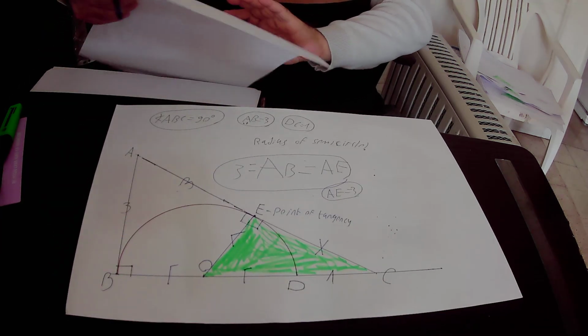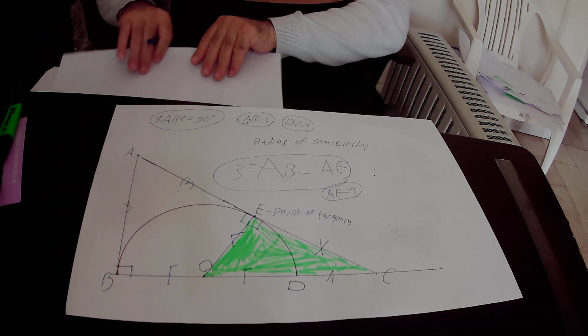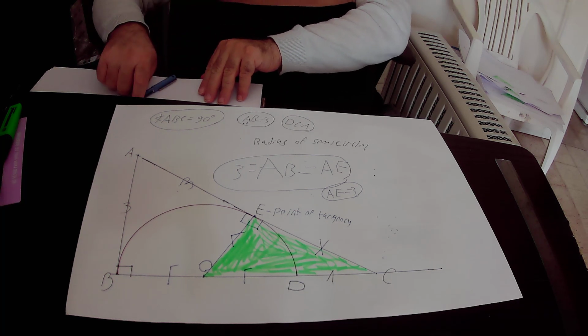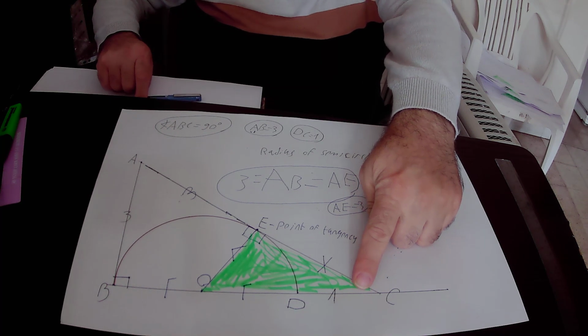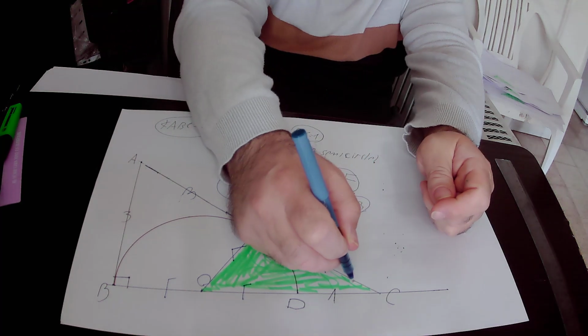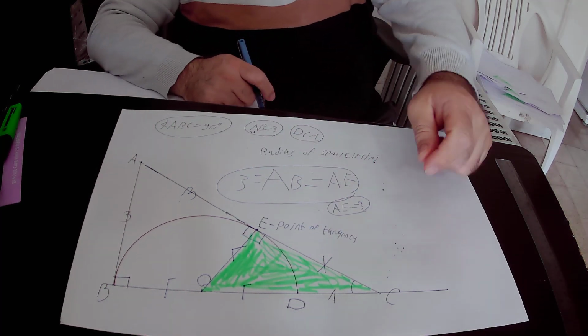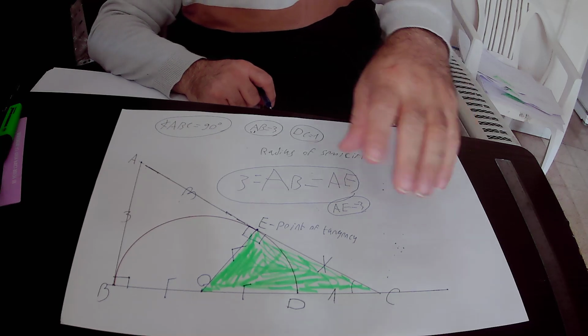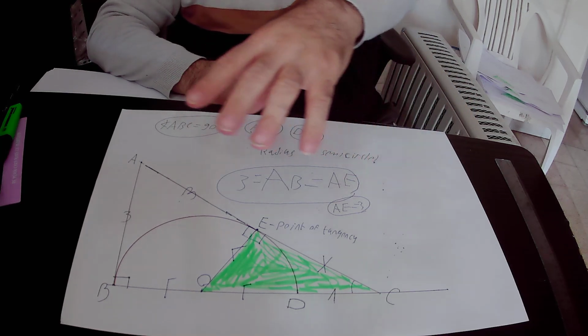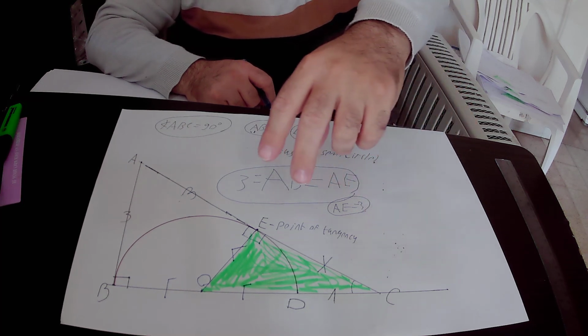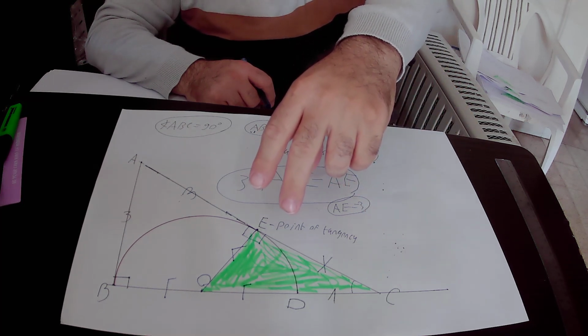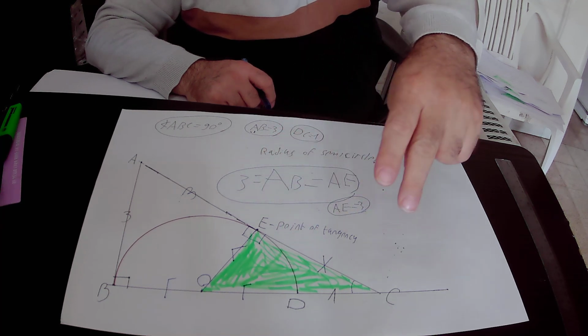Okay? Then we actually have this angle, which is a common angle. It belongs to both triangles. It belongs to the big right triangle ABC, and this angle, angle C, also belongs to the small green right triangle OEC.